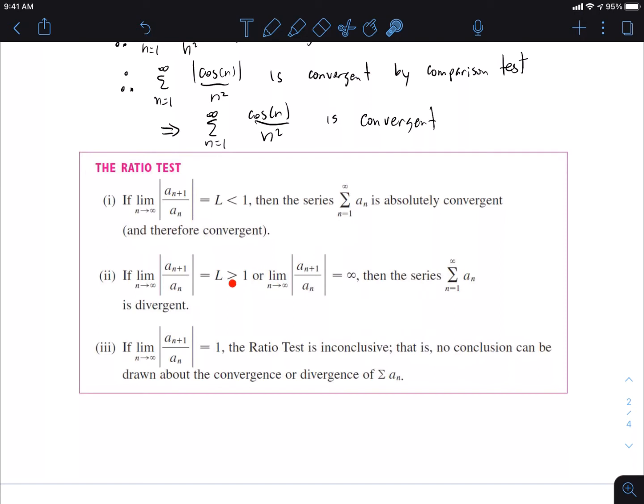If it's bigger than 1, or if the limit goes to infinity, then we're going to have divergence. But the ratio test, unfortunately, doesn't help us if we're equal to 1. So that means we have to do some other things, and I'll demonstrate that for you. Let me go ahead and do an example that you might understand, and then we'll slowly build on that, okay?